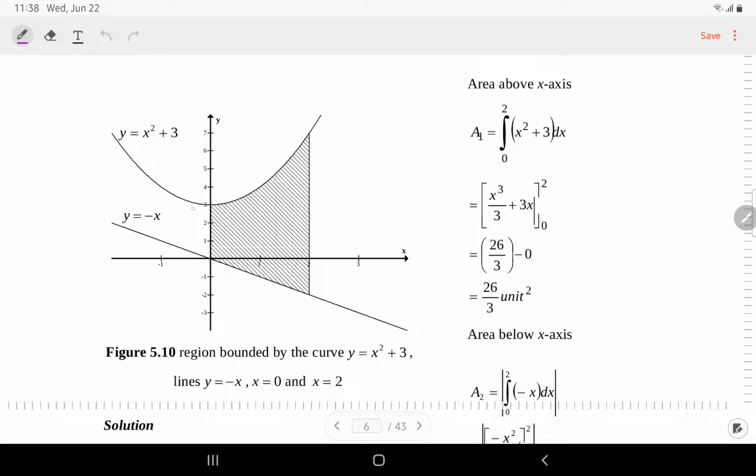This is the graph for y equals x square plus 3. Ni graph y equal to negative x, and then they're bounded by x equal to 0 and x equal to 2.